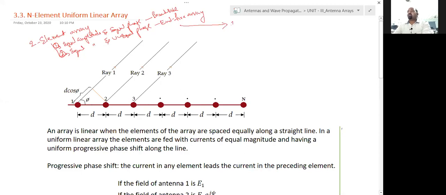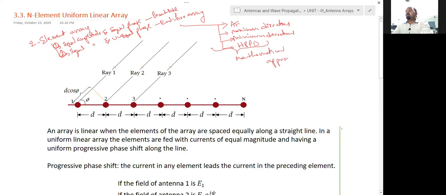To draw the radiation pattern, we determined the array factor, and from the array factor, we determined the maximum directions, the minimum directions, and the half power point directions. So this is all a mathematical approach.